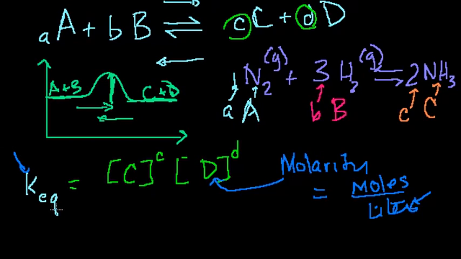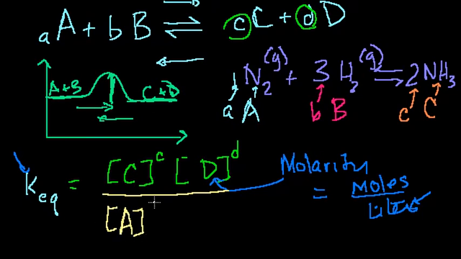So we assume it for a given temperature, and I'll show you how we'll use it in a second. It's defined as the concentrations of the products to the powers, and maybe in the next video, if I have time, I'll explain the intuition for why you're raising it to the power, divided by the concentrations of the reactants, or the things on the left-hand side of the equilibrium reaction.